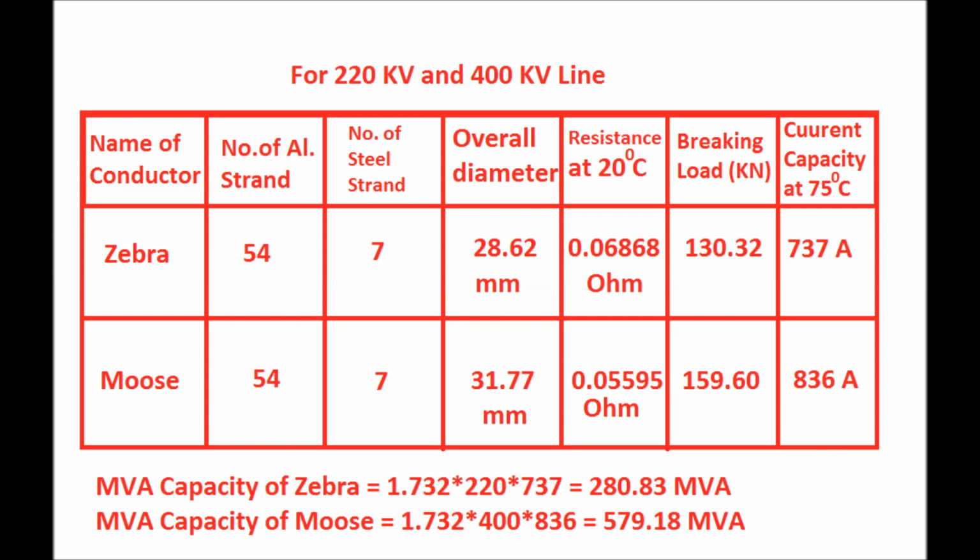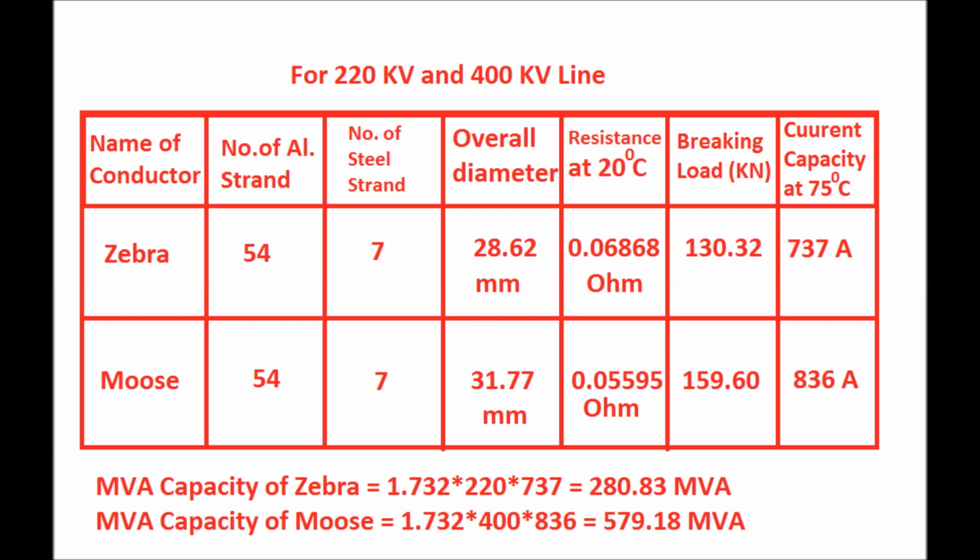Again, for a 220 kV transmission line, normally the zebra conductor is used, and for a 400 kV transmission line, normally the moose conductor is used. Both conductors have the same number of strands: the aluminium strand has 54 strands, and the steel strand has 7 strands. The overall diameter for zebra is 28.62 mm, and for moose it is 31.77 mm. The resistance at 20 degree centigrade for zebra is 0.06868 ohm, and for moose it is slightly less, that is 0.05595 ohm.